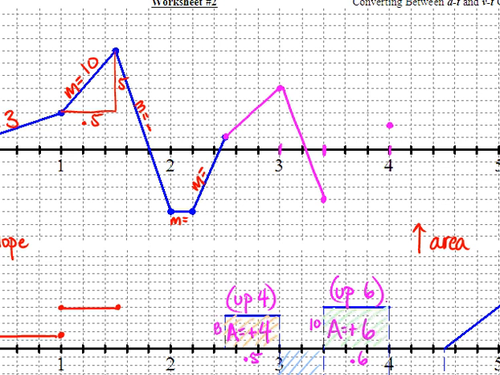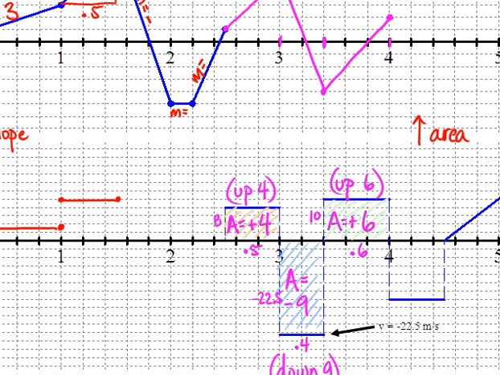And this object, nice flat line on the velocity time graph, means constant velocity. And that tells us that we grab our ruler and we make a nice straight diagonal line because constant velocity. Okay, we've got another negative area to catch here.